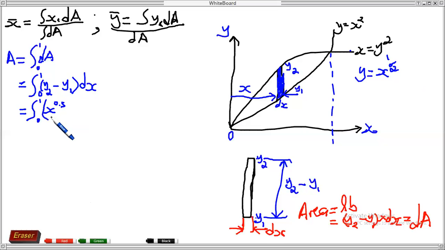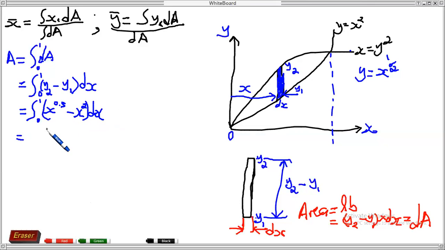And the y subscript 1 equation here is equal to x squared. And you have the x outside here, so we put a bracket like that. So we need to integrate this.